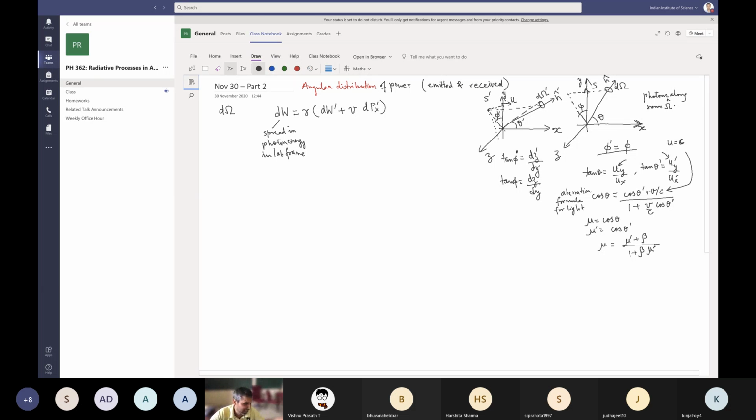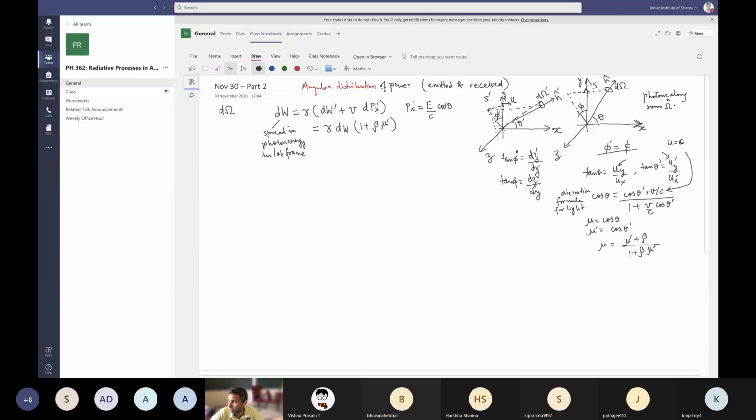So this is nothing but the relativistic Doppler formula. So this is gamma dW times 1 plus beta mu prime, right? So you know Px is nothing but the energy of a photon divided by c times cos theta.